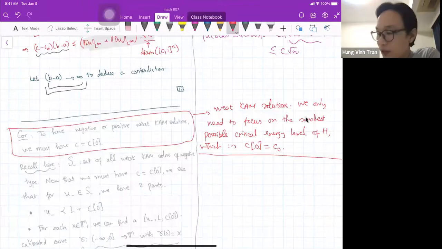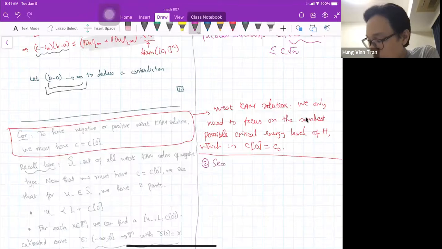Any question for me up to this point before I move to the second important point? Any questions, concerns, or discussion?